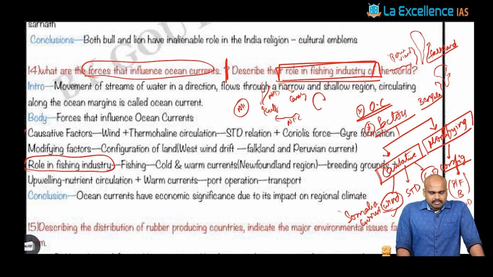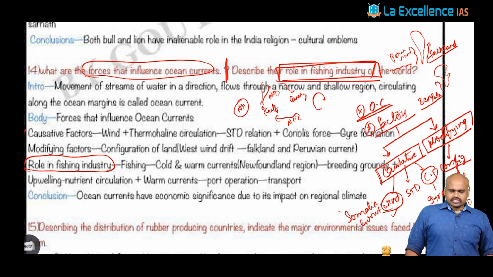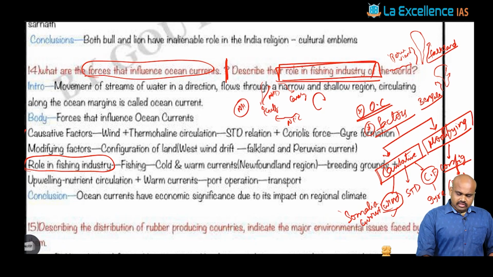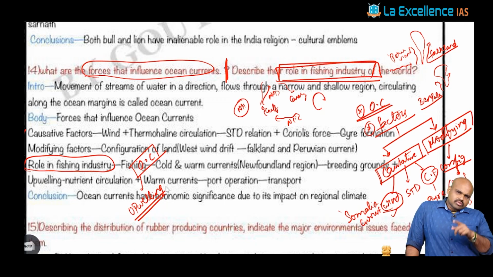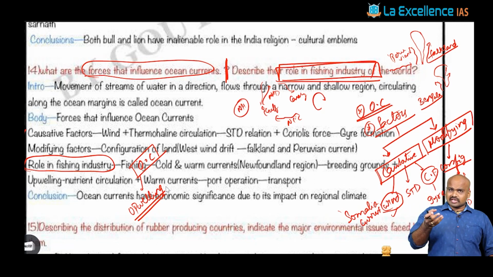And when I talk about this second part of the answer, the role in the fishing industry, one particular phenomenon that generally arises due to these oceanic currents is upwelling. And this upwelling fundamentally results in a nutrient churning activity. And when you have this nutrient churning activity with respect to upwelling, automatically it becomes a conducive region for fishing to flourish. Right? This is one aspect.